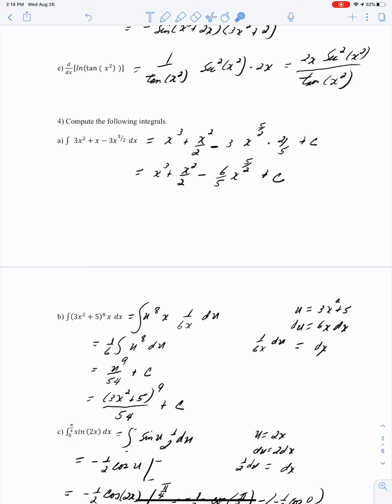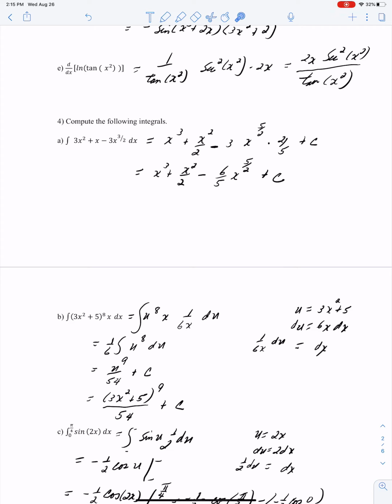What do you get? Well, you have to raise the power by 1 and divide by that, so you get x cubed divided by 3. The 3's cancel, so you just get x cubed. When you integrate x, you get x squared over 2. When you integrate minus 3 times x to the 3 halves, that 3 halves is meant to be a power there. What do you do? You have to raise the power by 1. That gives you x to the 5 halves.